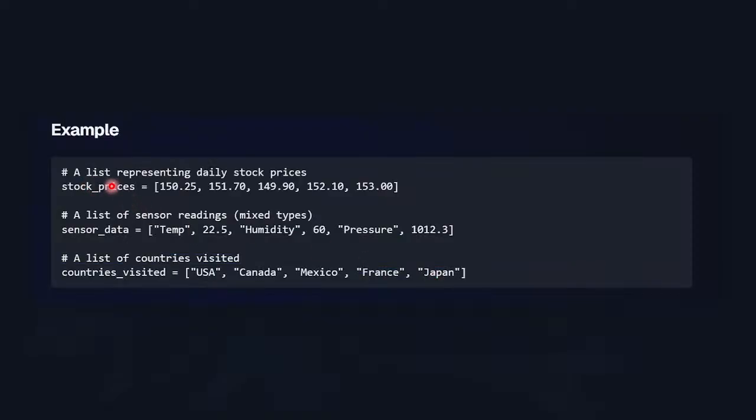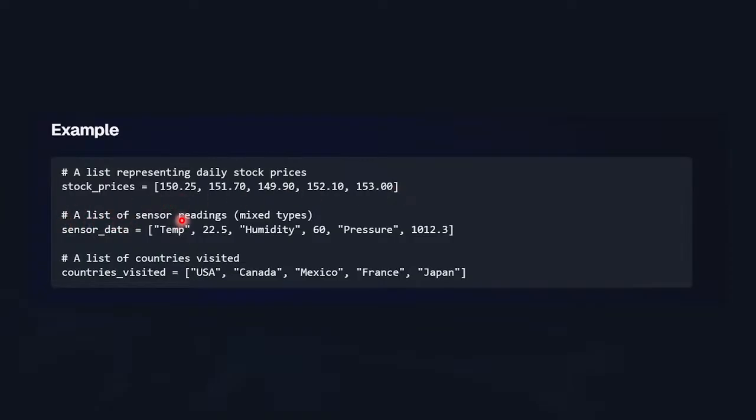Let's see, this is a list that represents daily stock prices. On day one the stock price was 150.25, then it increased, then it decreased to 149.90, then it increased to 152.10, and so on. So we can store daily stock prices, which are in decimal form, in a list.